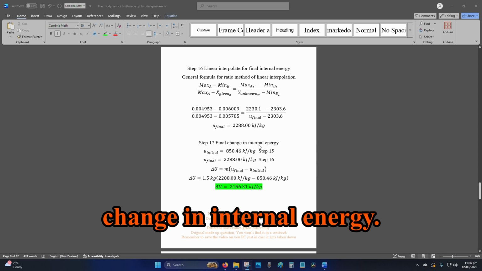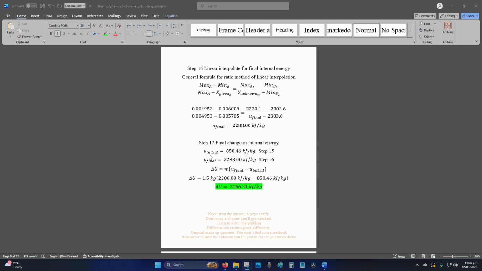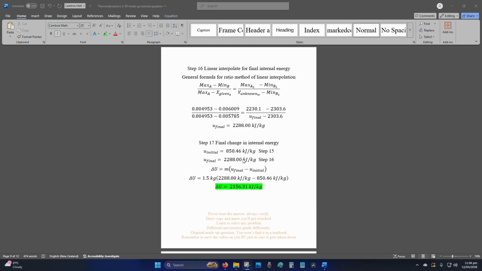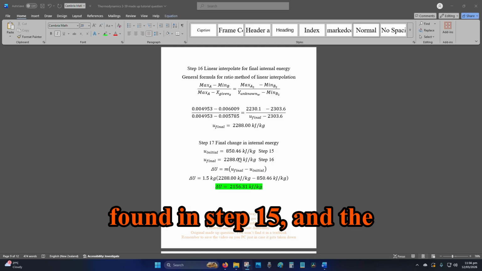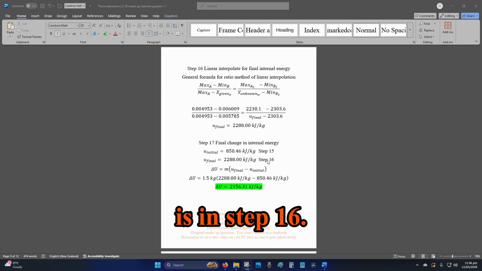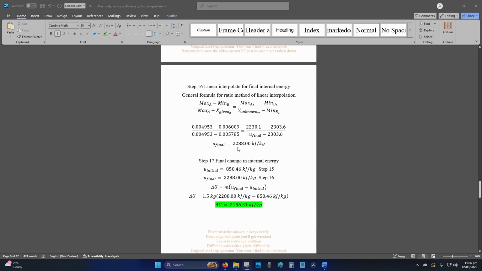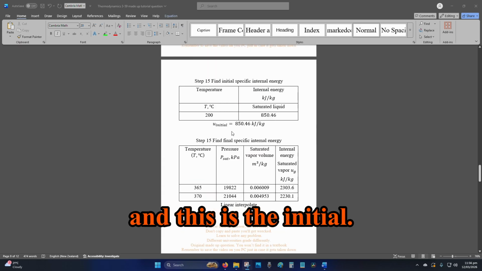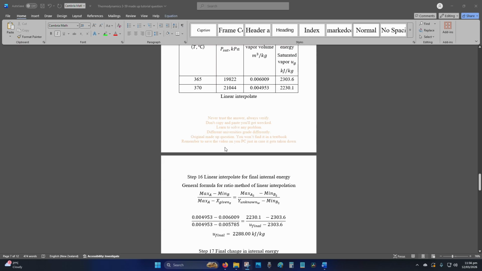Step 17, find the change in internal energy. So the initial specific internal energy was found in step 15, and the final specific internal energy is in step 16. So this is the final, and this is the initial.